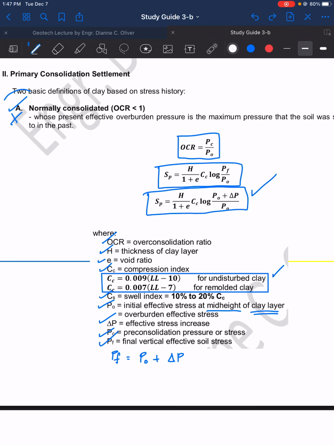What's the formula for primary consolidation under normally consolidated? S sub P is equal to H, the thickness of the clay layer, over 1 plus E multiplied with C sub C, or the compression index, log of P sub O plus delta P over P sub O.